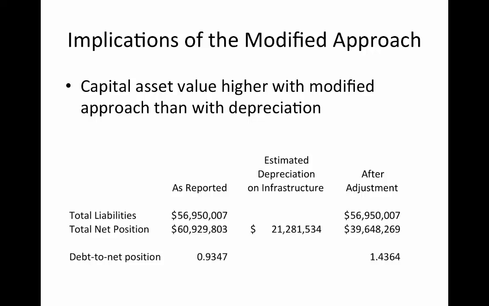The first ratio, 0.93, means its net position exceeds its liabilities, and all things being equal, you'd like this ratio to be as low as possible. If you undo the effect of reporting infrastructure using the modified approach for this particular government, it shoots that ratio way up. Now, the liabilities are more than 1.4 times what that government has available in net position.